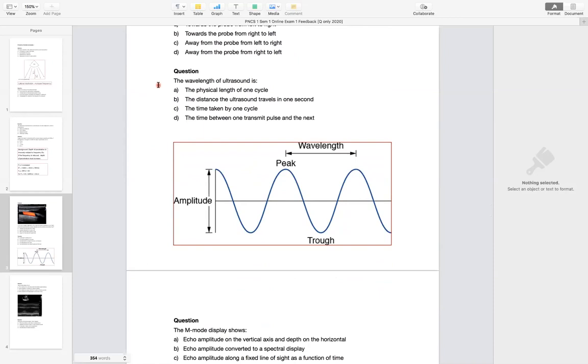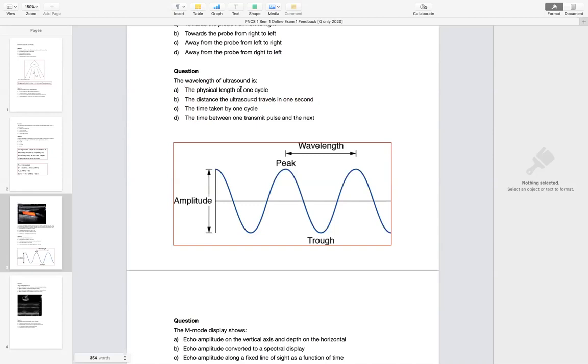So, is it related to the physical length of one cycle, the distance ultrasound travels in 1 second, the time taken for one cycle, the time between one transmit pulse and the next? Well, wavelength is not related to time. So C and D can be excluded. And moreover, B, the distance the ultrasound travels in 1 second, is another question related to time.